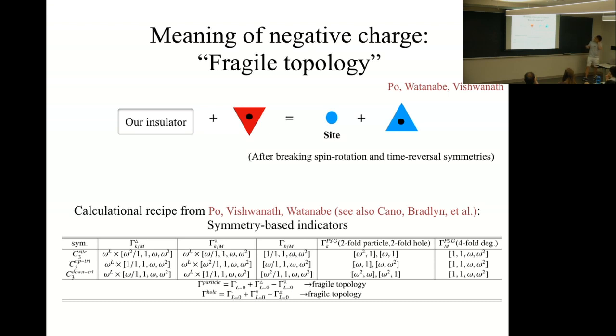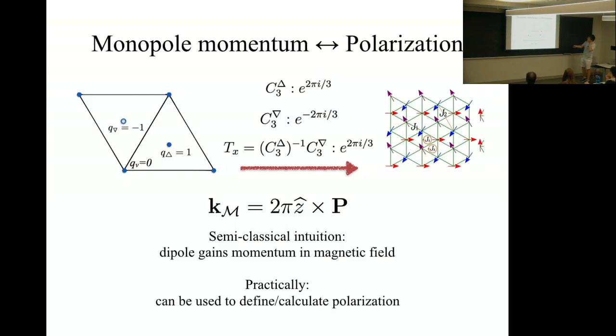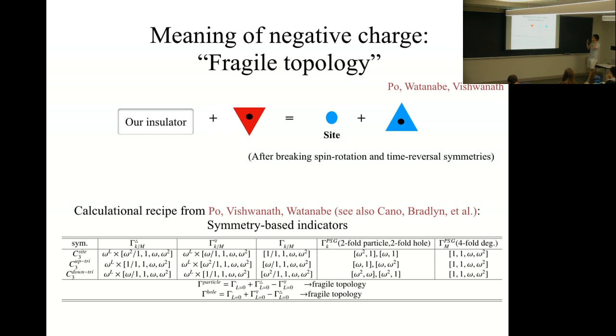And also, let me very briefly comment on what I mean by negative charges in that picture. That's the, by now, reasonably well-known concept of fragile topology. So the idea is, I lied a little bit when I said I can deform my insulator to an atomic limit, even after breaking all the internal symmetries.